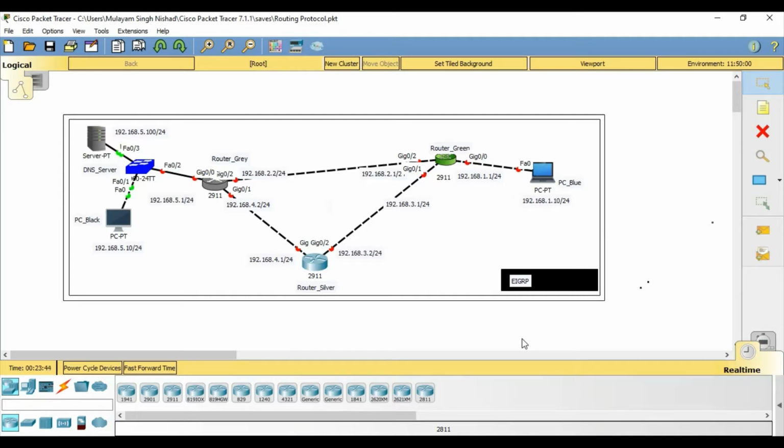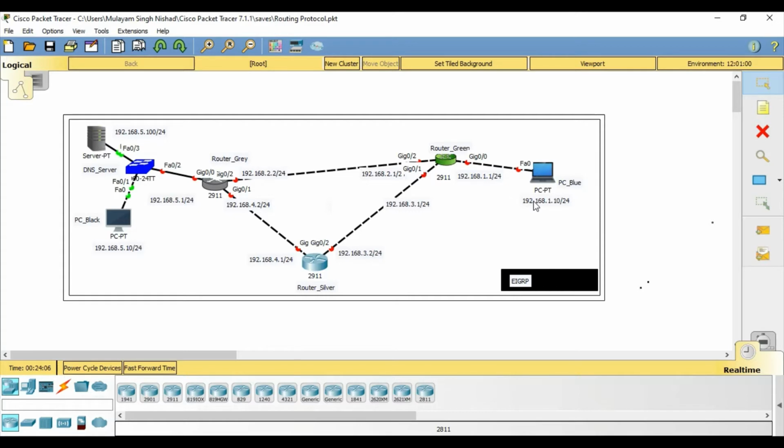So in this topology, three routers are there, and these are routers in Cisco Packet Tracer only, and a few other devices are also connected, and these devices are only to ping from each other. So let's go how to configure.